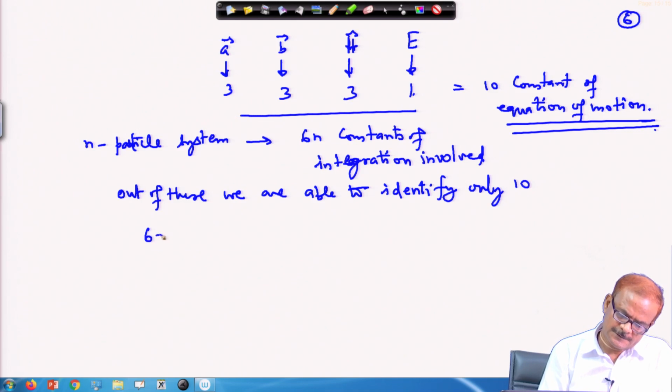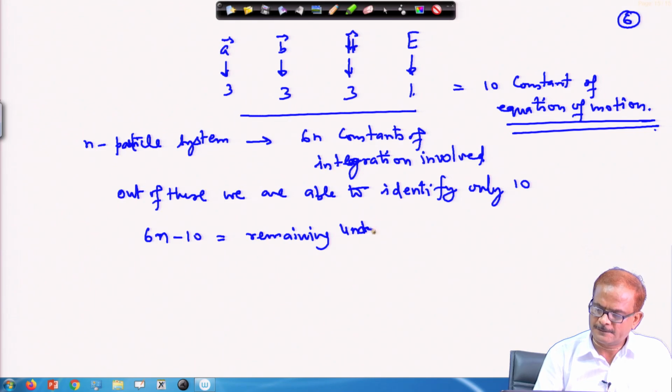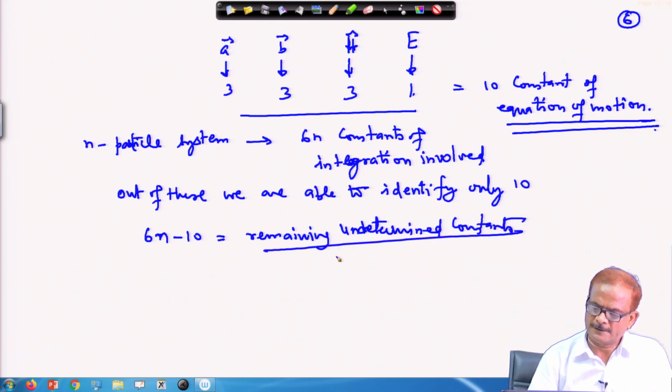That means 6n minus 10 are the remaining unknown or undetermined constants. So, we are not able to identify them.